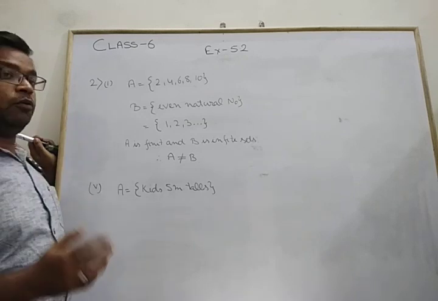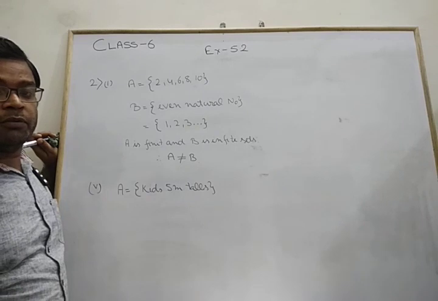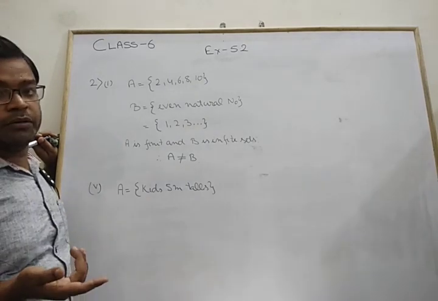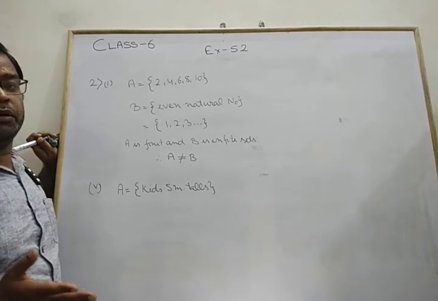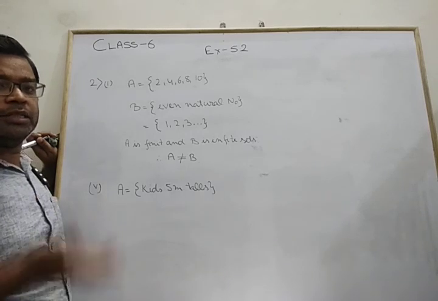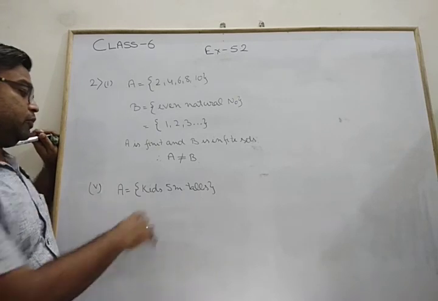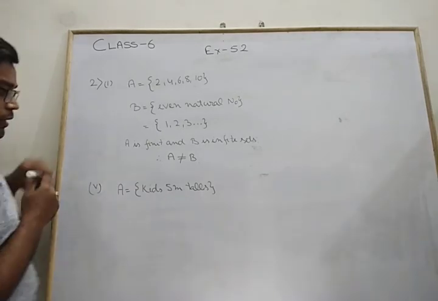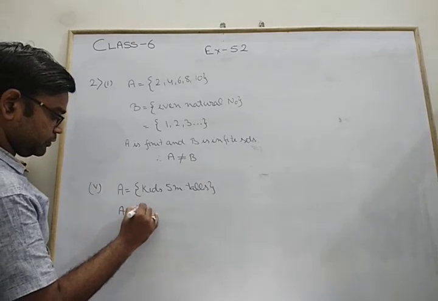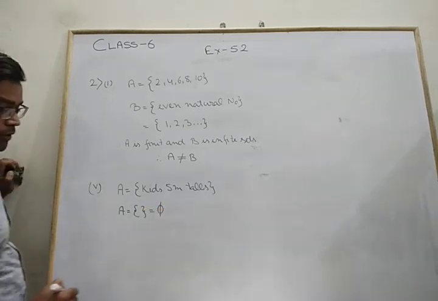It means more than 15 feet high. Have you observed any human being whose length is more than 15 feet? The maximum limit you can consider is about 7 feet, but that is for an adult person, not a kid. So it is a null set. A is a null set. So A equals brackets open, brackets close, that is the empty set or null set.